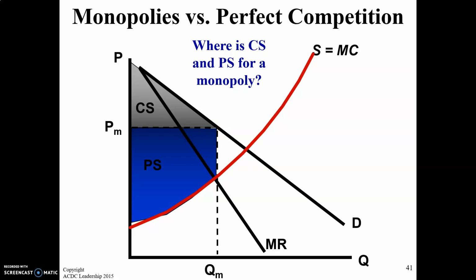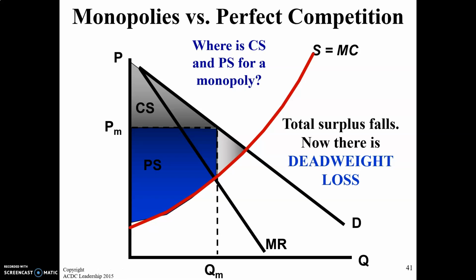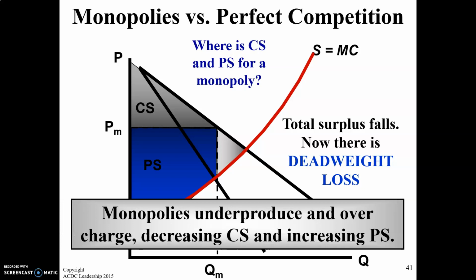They're going to have more surplus. However, they're missing this quantity of sales that's right here, and this is when the monopoly would experience deadweight loss. Okay, so monopolies underproduce, they overcharge. This decreases consumer surplus and increases producer surplus.